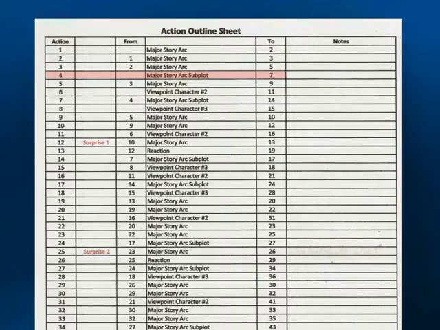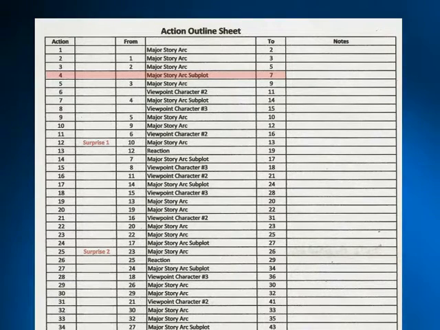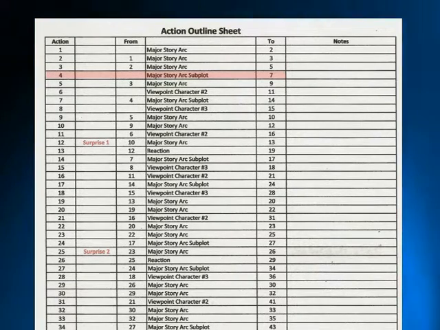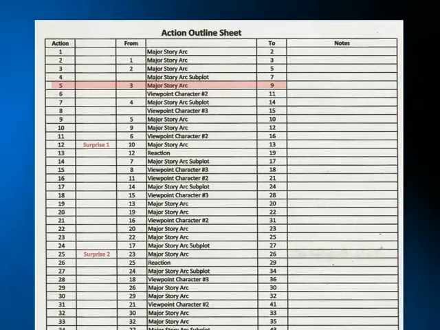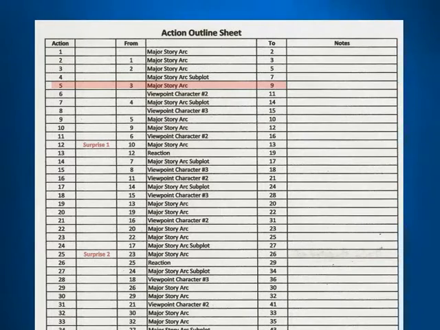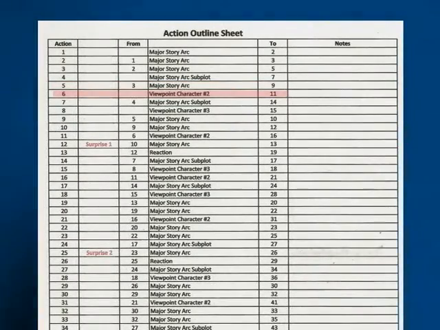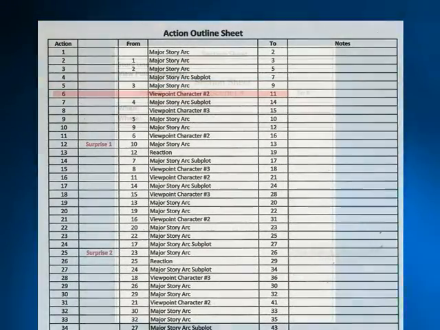If your subplot begins in another location before your main character even knows about it, then you'll have to write that section sheet 4 in another character's voice. When you get to section sheet 5, you'll switch back to the main storyline in your main character's voice. Now, when you get to the 6th section sheet, you will speak in your viewpoint character 2's voice.